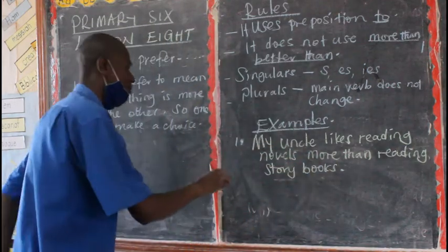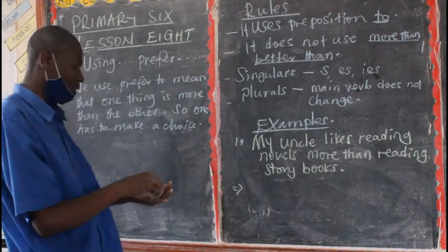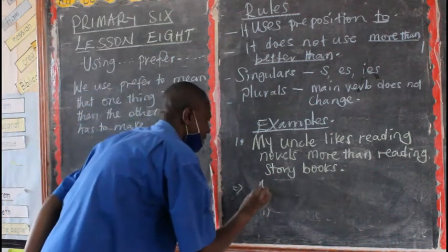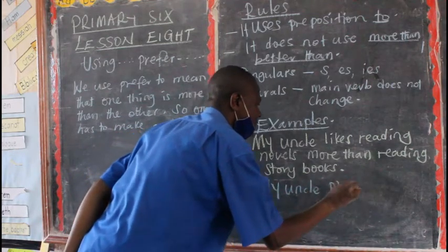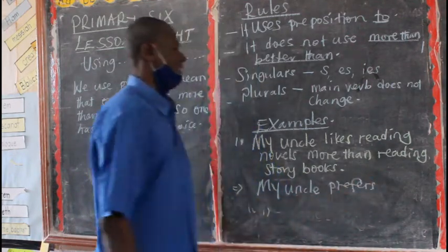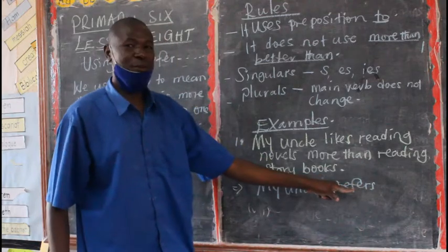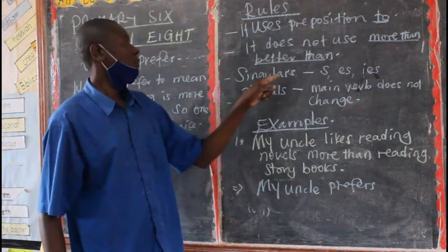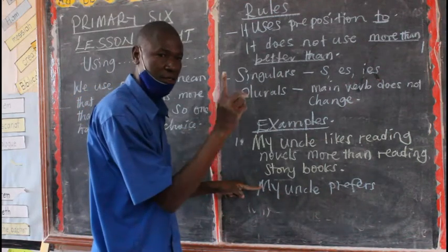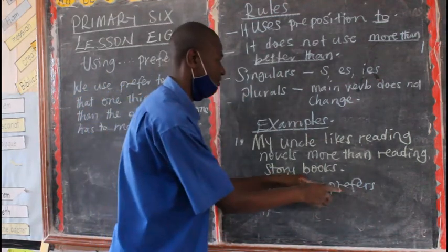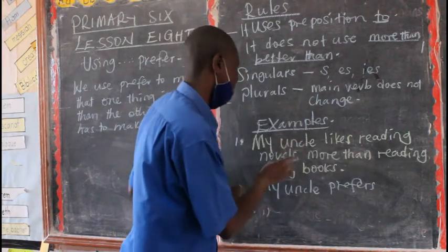So if you have to use prefer, here the answer is going to be: my uncle prefers. Letter S is ending to the main verb prefer because we are talking about the singular noun. This is your uncle, one. So my uncle prefers. What does he prefer?